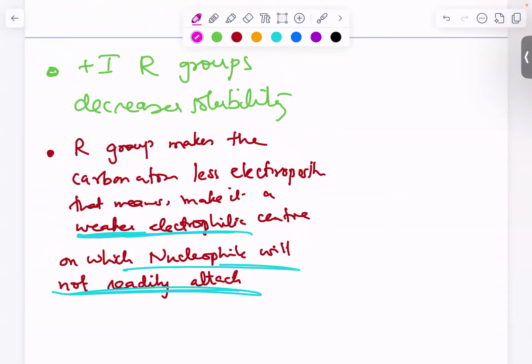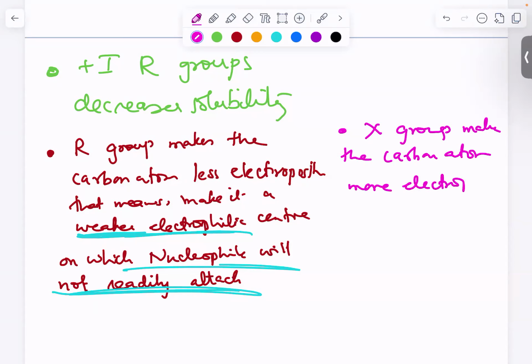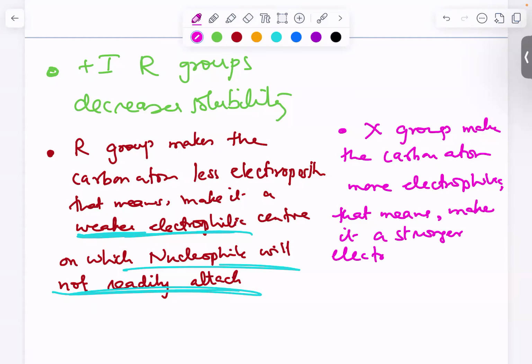However, X groups make the carbon atom more electrophilic, that means, I hope my writing is not very bad. You can easily read it? All right. That means it makes a stronger electrophilic center on which the nucleophile readily attacks.